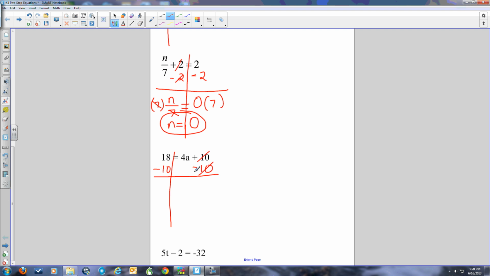The 10's on the right cancel, and we're just left with 4a, and 18 minus 10 gives us 8. We need to get a alone, so we divide each side by 4, because the 4 is multiplying the a, and dividing is the opposite. The 4's on the right cancel, so we have a equals 8 divided by 4, which is 2.